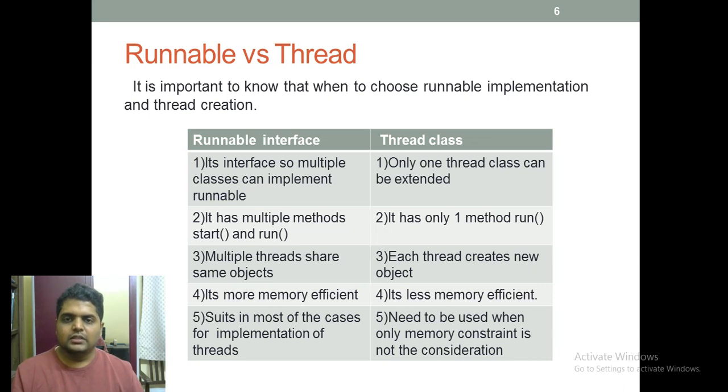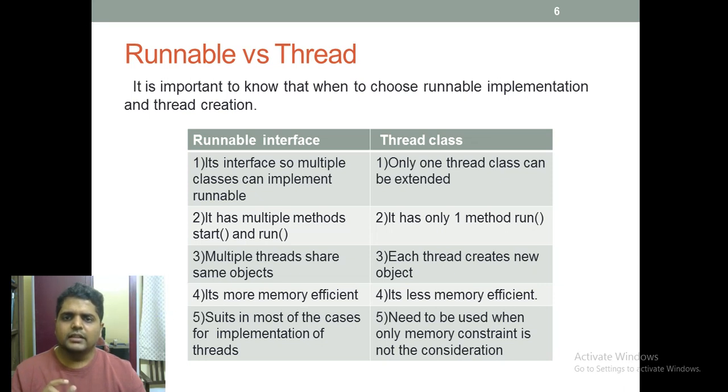To start with, what is a Runnable interface? It is basically an interface, so multiple classes can implement Runnable. And Thread is a class, so only one class can extend Thread, as per the Java rule, since it doesn't allow multiple inheritance.